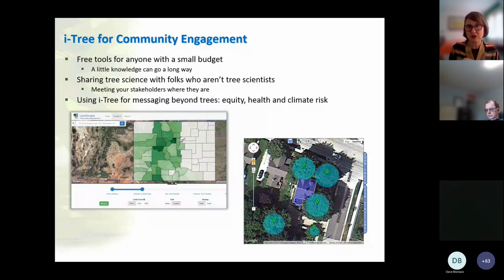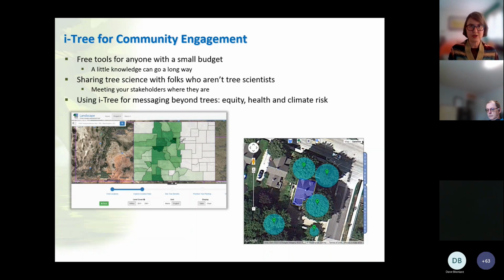So any way that you can take that information and make it meaningful is what's going to help you get your message across, but also building those relationships with the people you're trying to talk to about this stuff is always going to get you further in the long run, and it will be a benefit for your project. The other thing that, from this particular angle, iTree can do is help you talk about things that aren't just trees. You're trying to make it relatable.